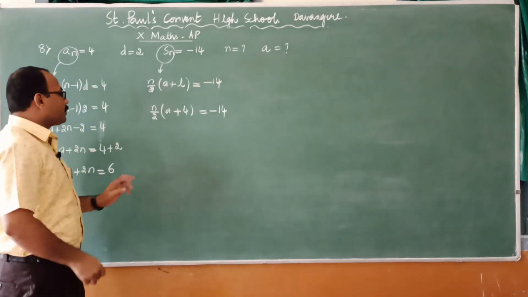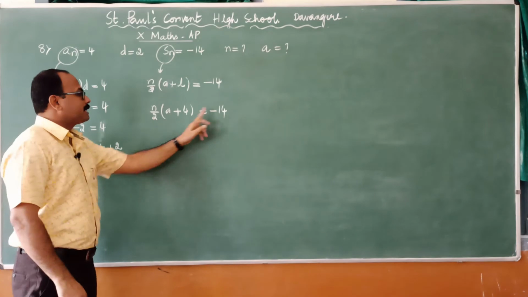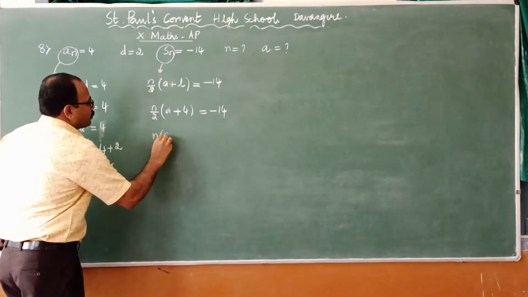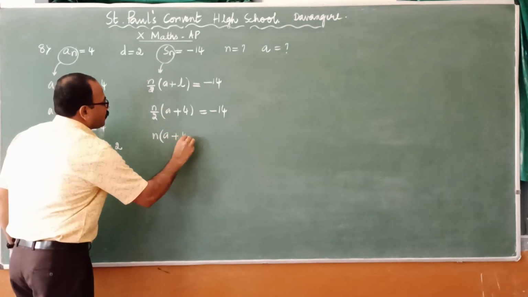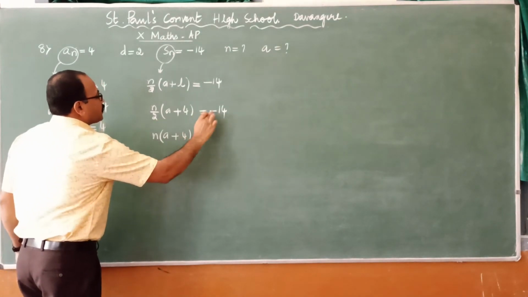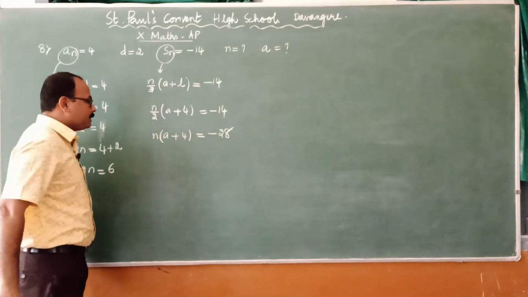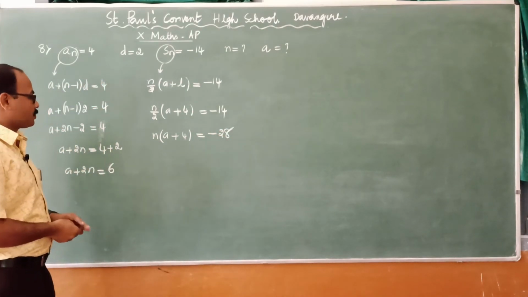Now, by cross multiplication, 2 can be taken here, children. N into (a plus 4) will be equal to 2 into minus 14, which becomes minus 28. I hope this step is understood.